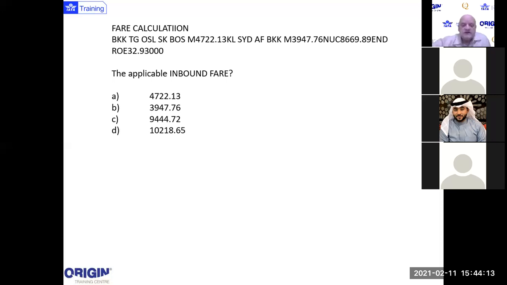So here we've got Bangkok, find the amount here. The city in front is Boston. So this is Bangkok to Boston, and then Boston back to Bangkok. And I've got 2 fares here. Which one is the inbound fare?